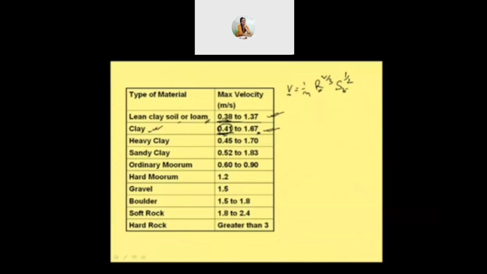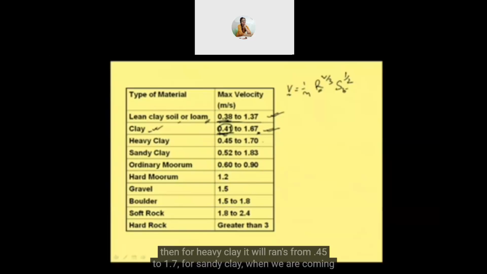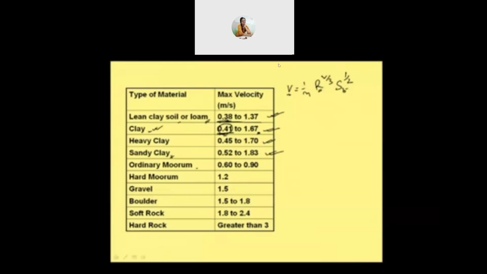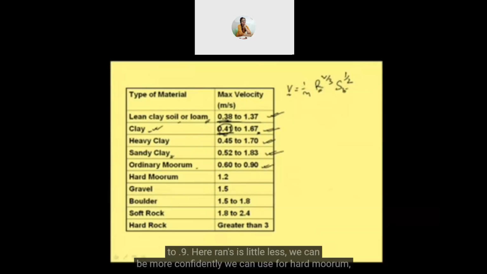Well, then for heavy clay, it will range from 0.45 to 1.7. For sandy clay, it ranges from 0.52 to 1.83. Then for muram, it is going from 0.6 to 0.9. Here the range is a little less, and we can use it more confidently.